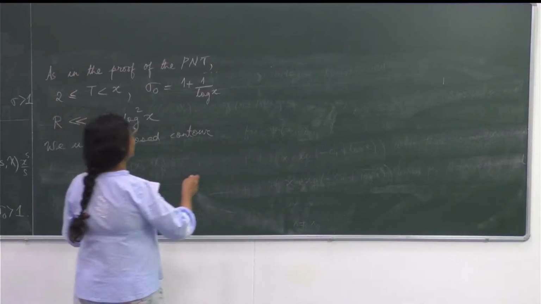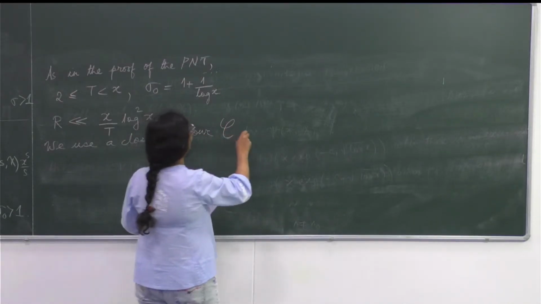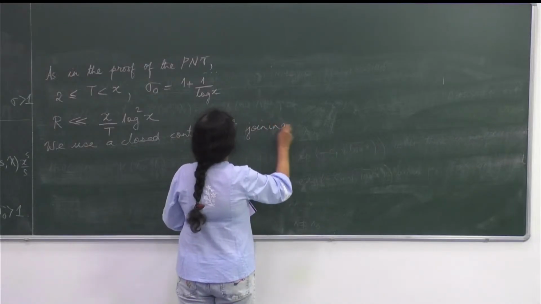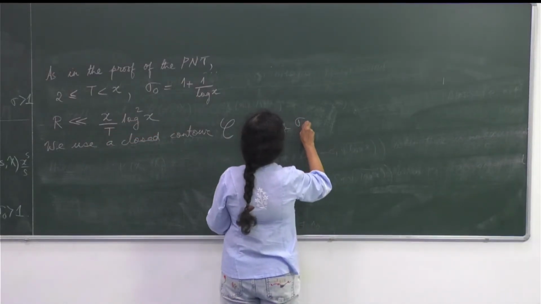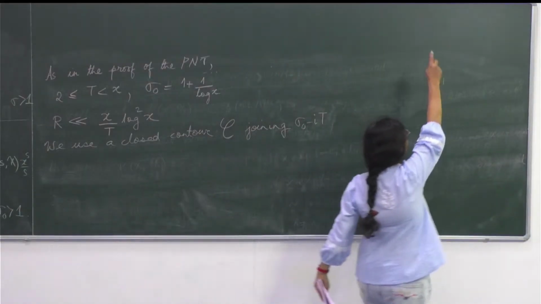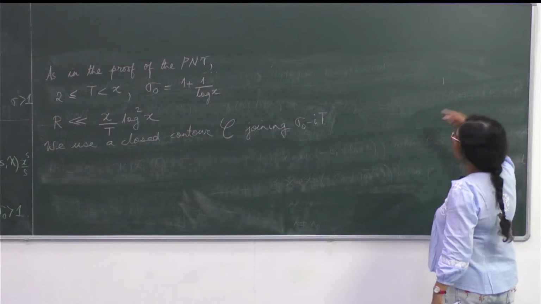Use a closed contour, let me call it C, which joins these 4 points. So there is sigma 0 minus it, there is a t up here somewhere, minus t here, sigma 0 and minus sigma 0.